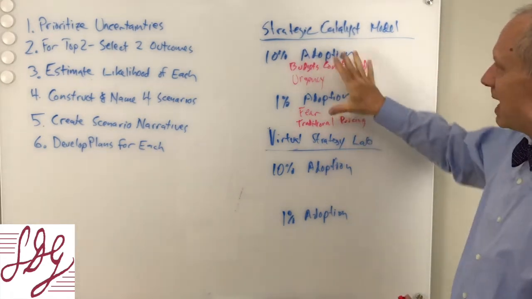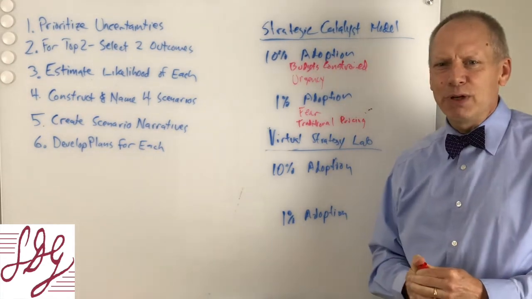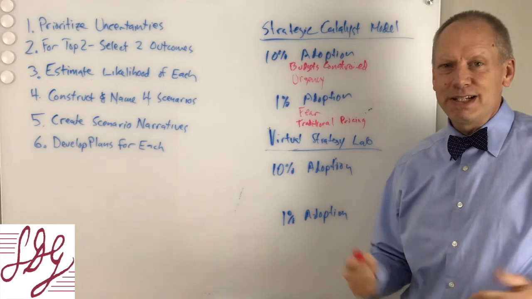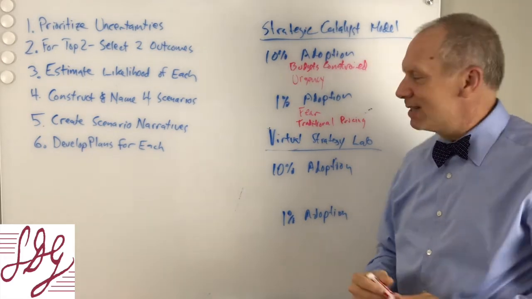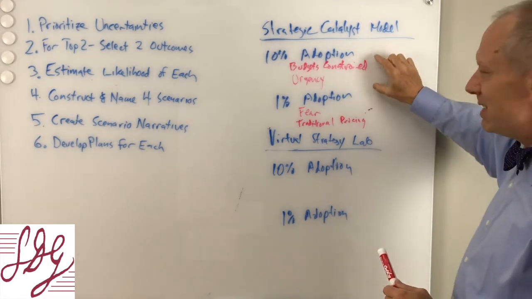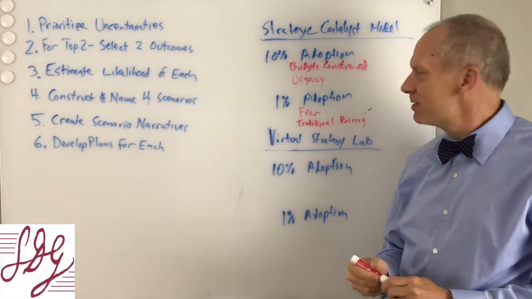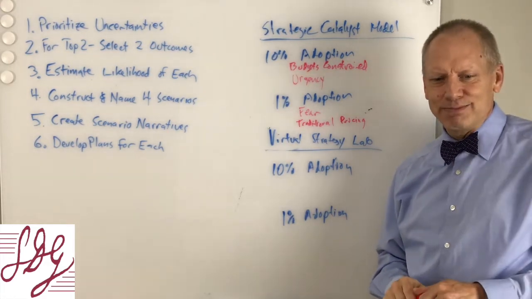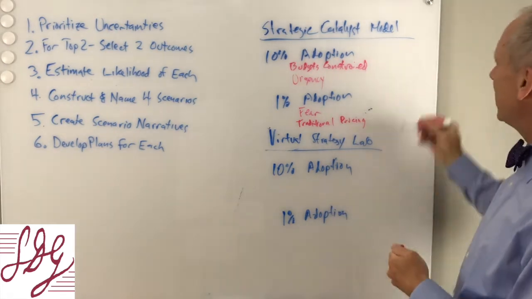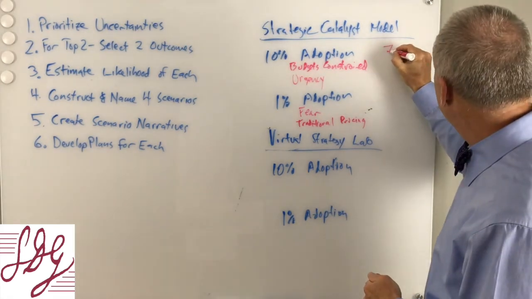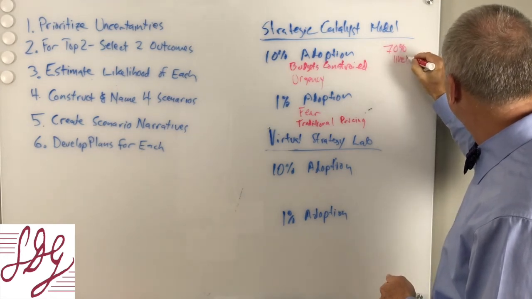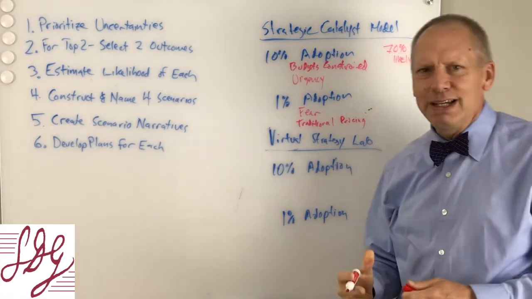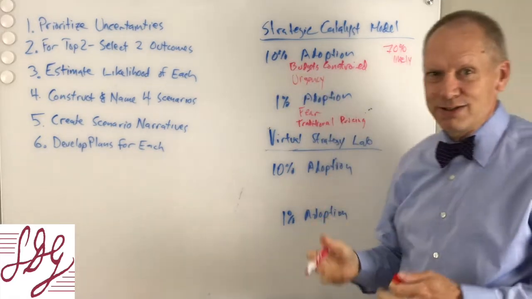So with this in mind, where do we end up in terms of the percentages of each? Well, I think that these are some pretty strong drivers. So I'm going to call this 70% likely, and this isn't 100%, this is only 10%.